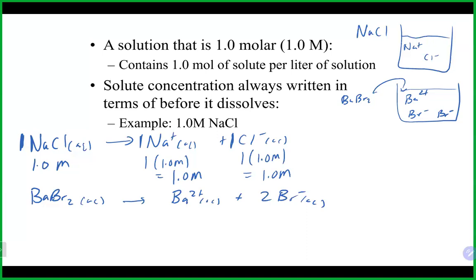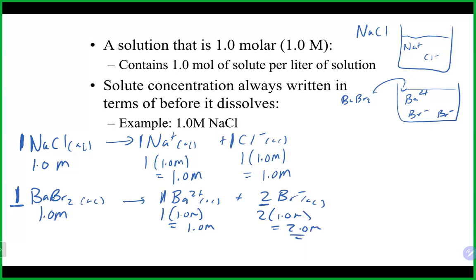So when we look at the concentration of just the barium, and this was 1 molar as well, it would be 1 times our 1 molar, which means 1 molar of barium ions floating around. But when we look at our bromide, it's a 1 to 2 relationship, which means we take 2 times our 1 molar, which means we have 2 molar in terms of the bromide.